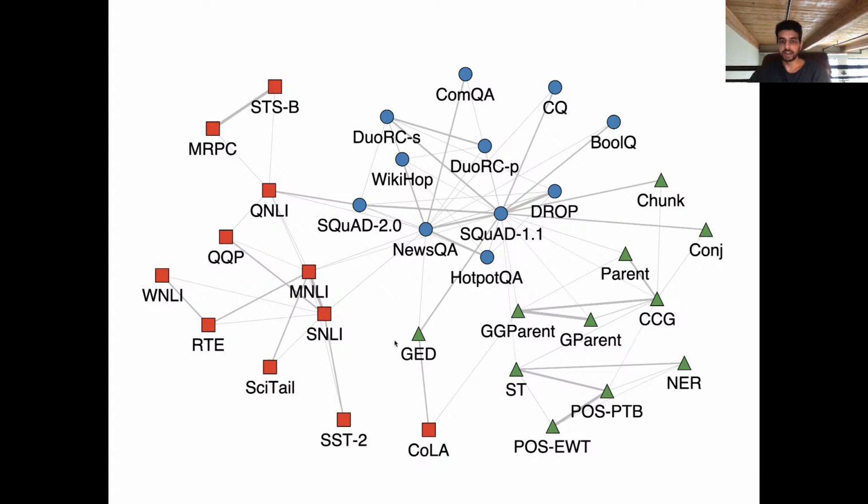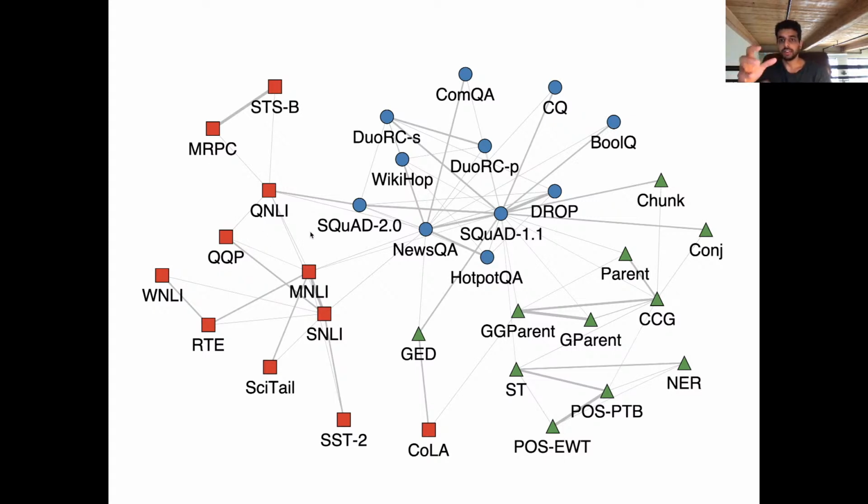And the task embeddings have no idea what type of task a particular task is, right? The only thing that is taken into account when computing the task embeddings is the information about the gradients. So it's pretty cool to see that the model can learn in this nearest neighbor space that all the red tasks, the classification ones, are pretty close together.